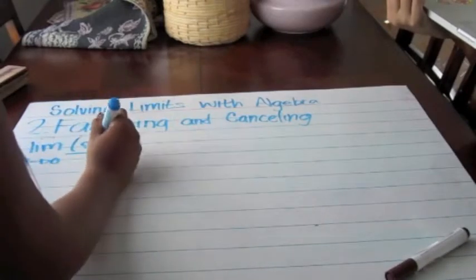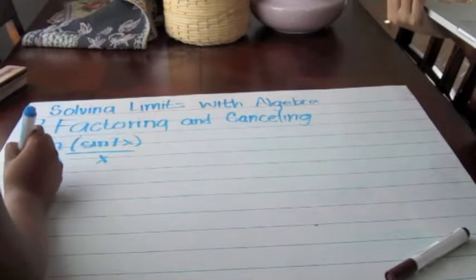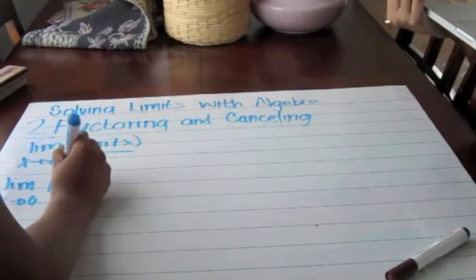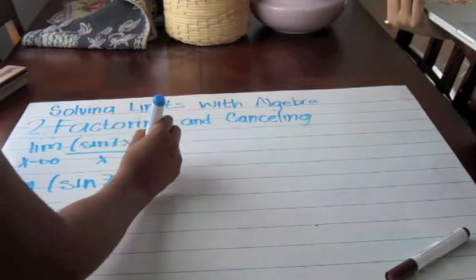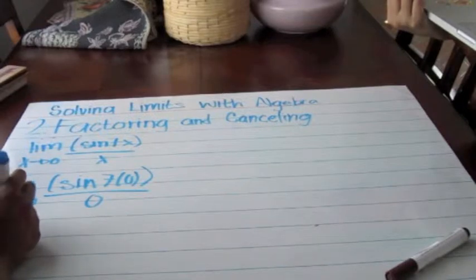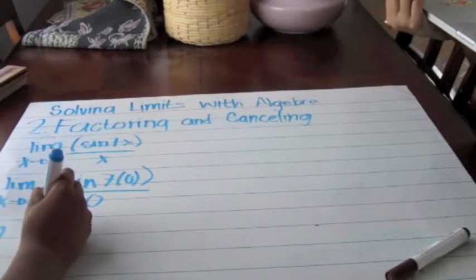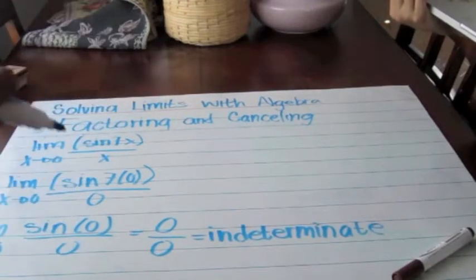So our next example is going to be the limit of sine 7x over x as x approaches 0. Once again, if we just plug in the 0 using the substitution method, we end up getting 0 over 0, which is indeterminate, and we do not want that.